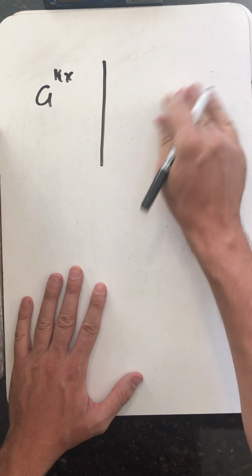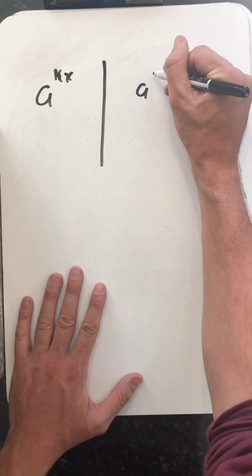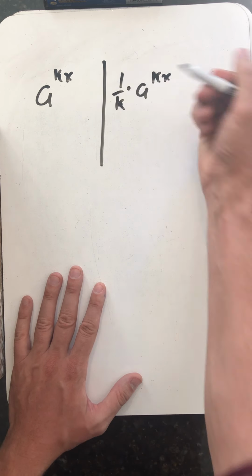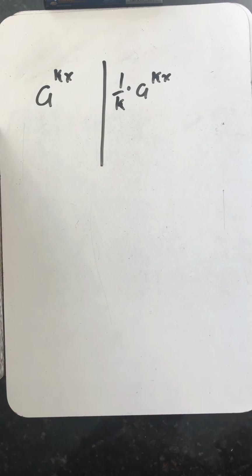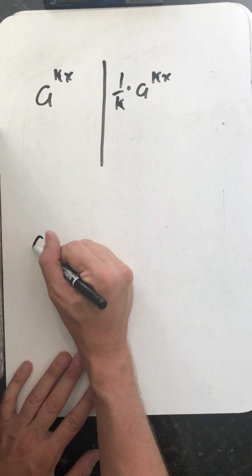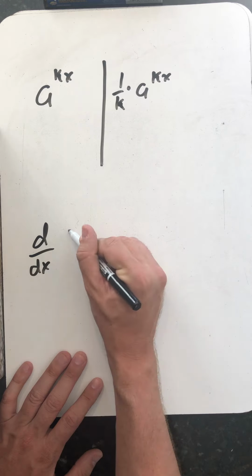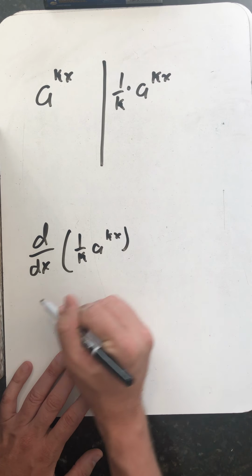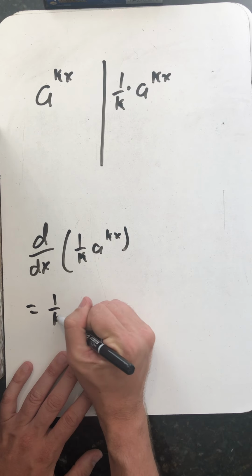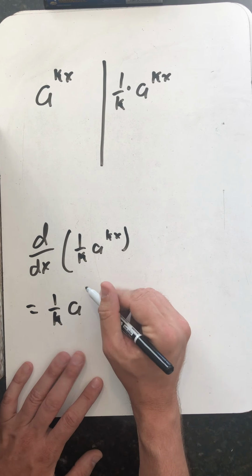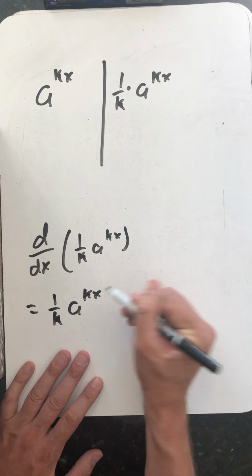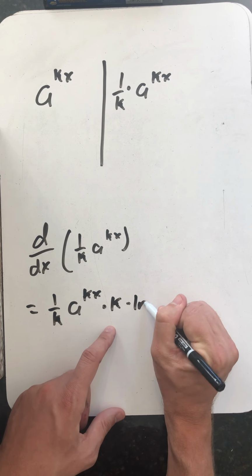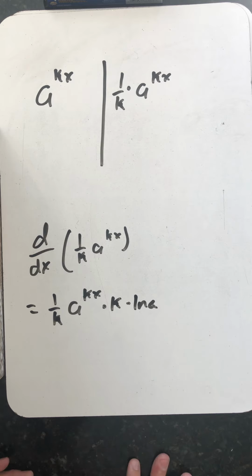I think it'd be natural to guess that the answer should be a to the kx, maybe times 1 over k. But then I remember the rule for taking the derivative of an exponential function whose base is not e. If I take this derivative, I'd get the 1 over k times a to the kx times k because of the chain rule, but also times the natural log of a from the rule itself.